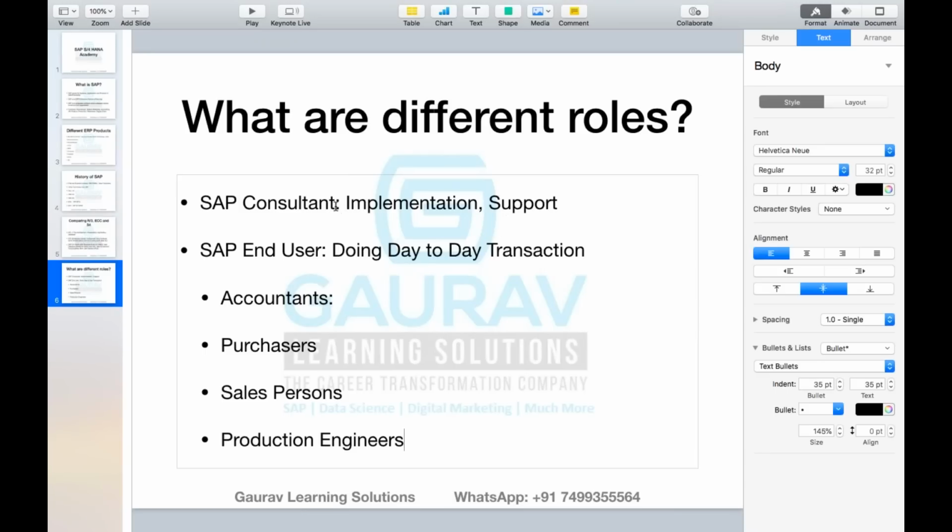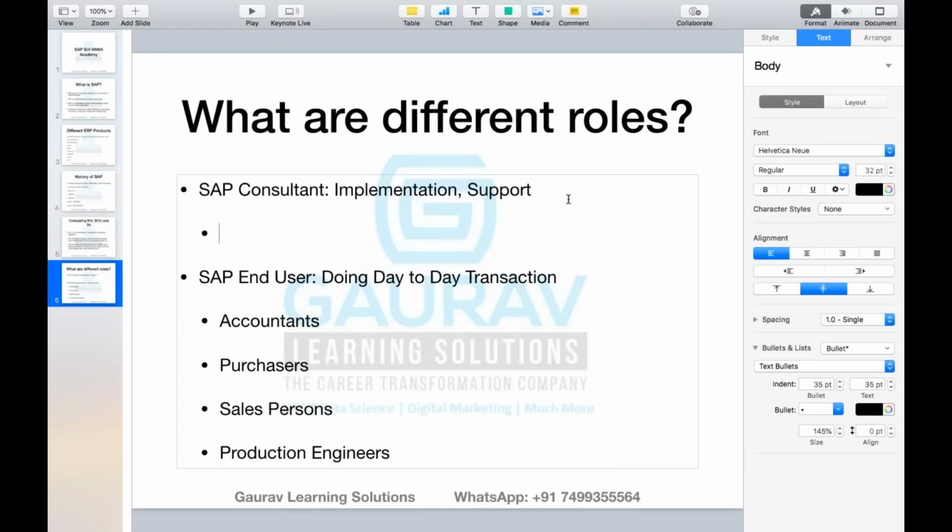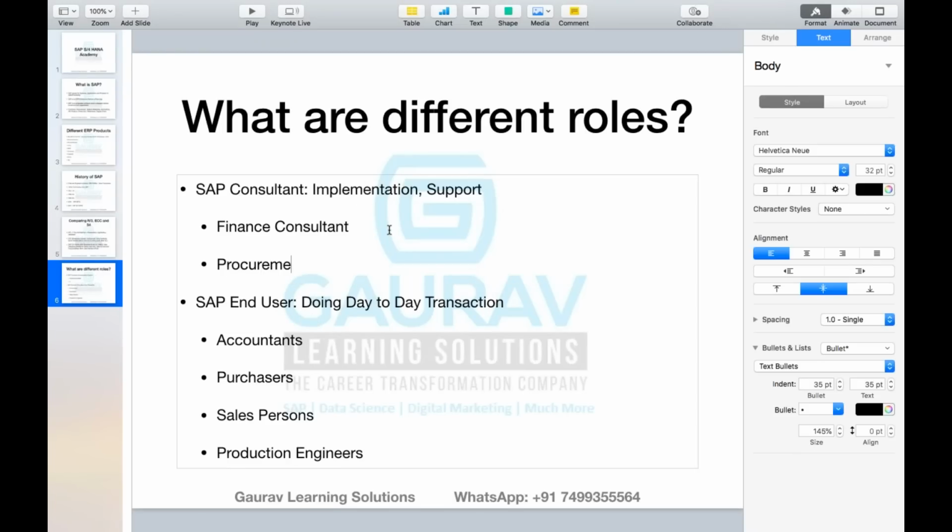Same way, as a consultant, you don't need to remember everything. You don't need to support accountants, purchasers, salespersons and production engineers all together. Why? Because as a consultant, you will be responsible for one thing at a time. So either you are a finance consultant, working directly with accountants to gather their requirements, or you are a purchasing consultant, which you can also call a procurement consultant, which is nothing but MM.